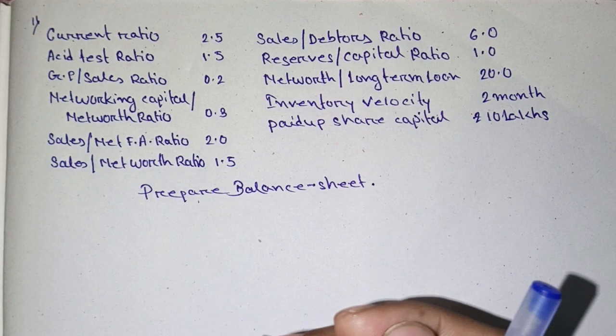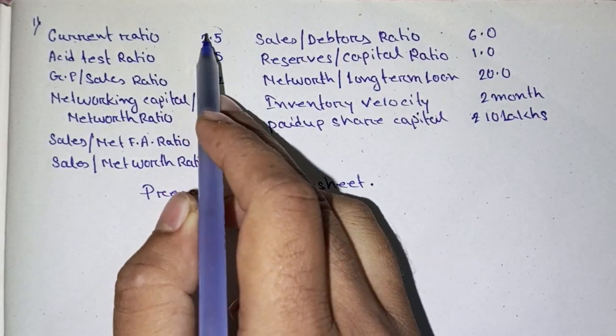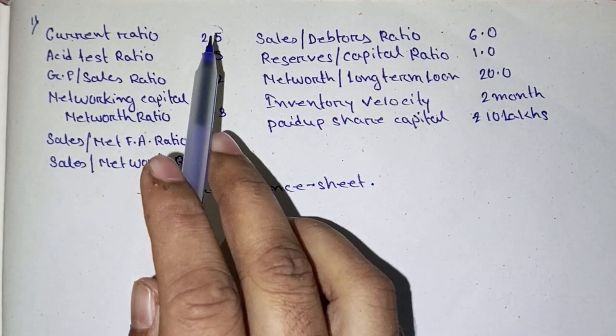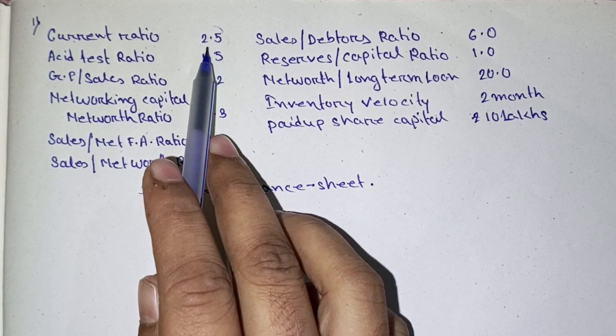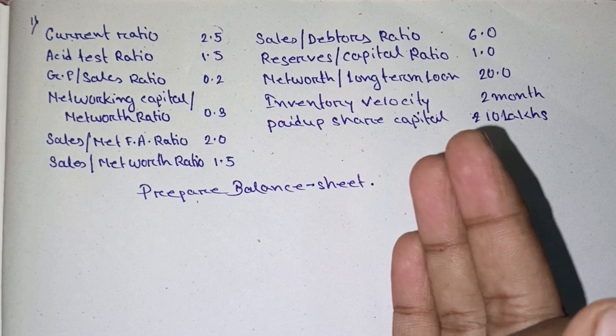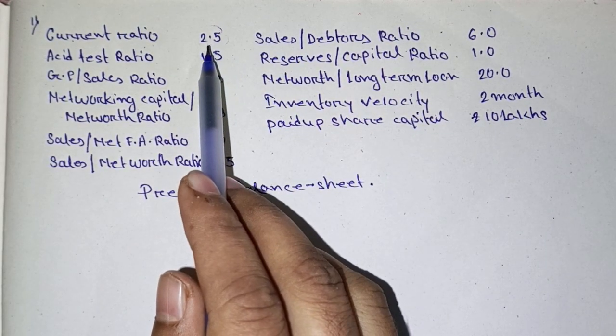So if I take an example, the current liability is 100, what will be the current asset? Current asset will be 2.5 times of current liability, so it will be 250.